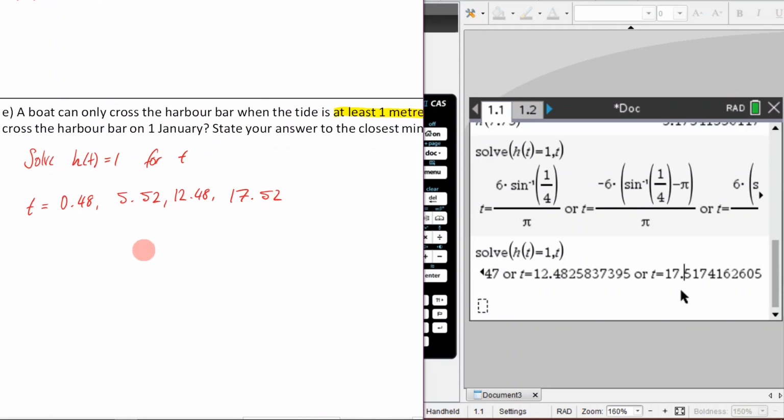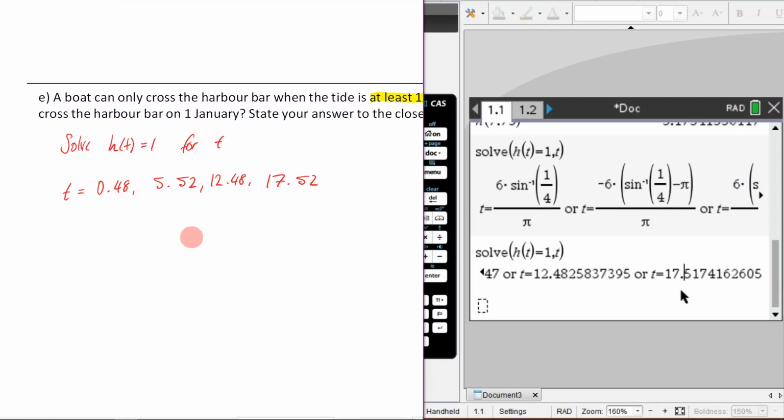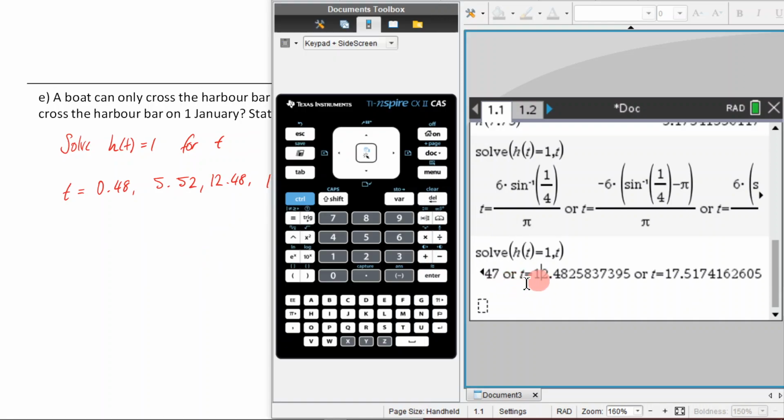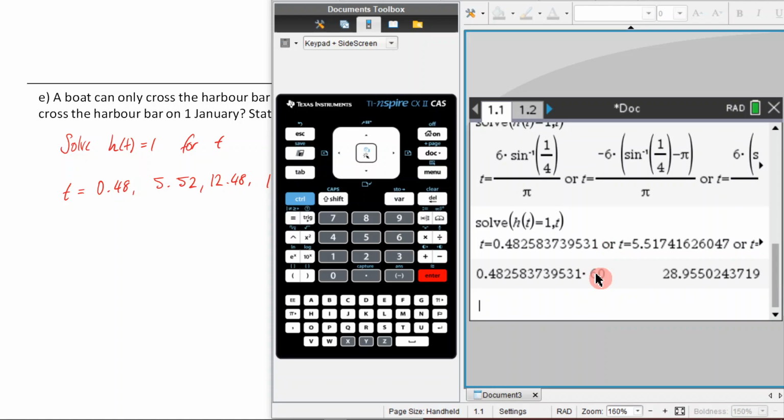Because it says I have to state my answer to the closest minute, I can't leave it like that. So what I'm going to have to do is come here and say, all right, what is this? Remember, you take it, you times it by 60, and that will give you 28.95. So that means it's 29 minutes once we round it up.